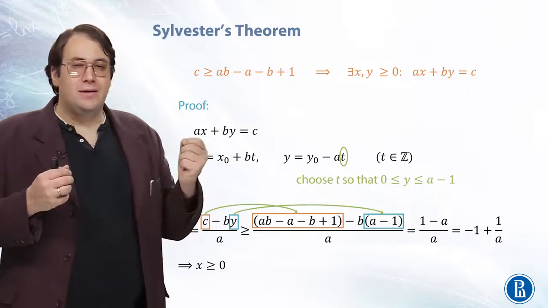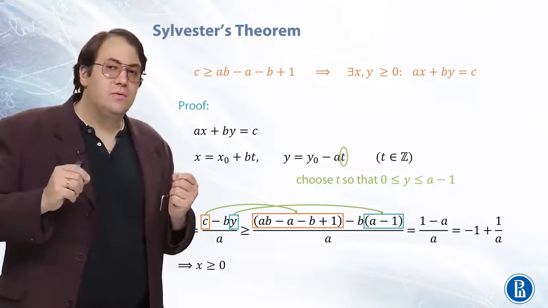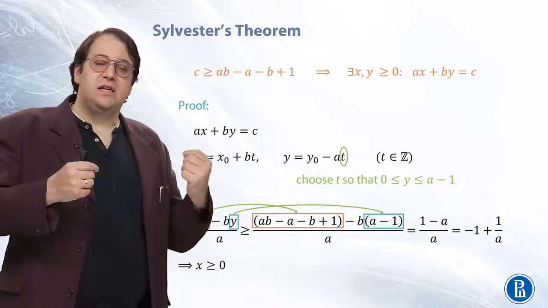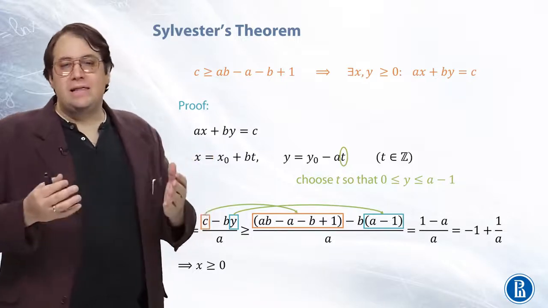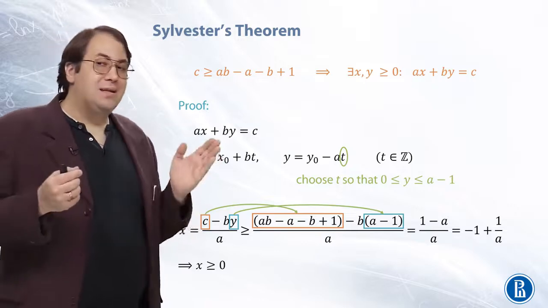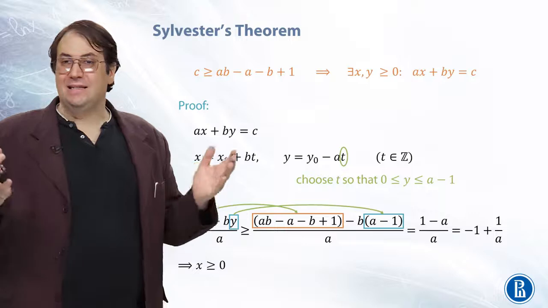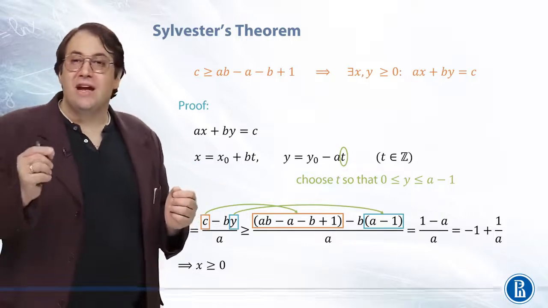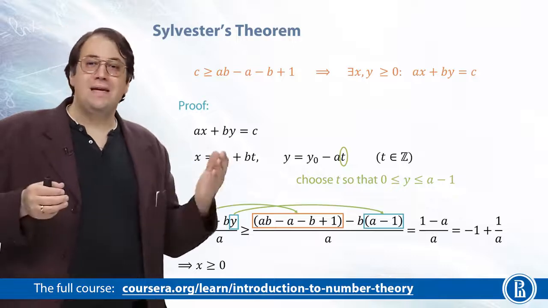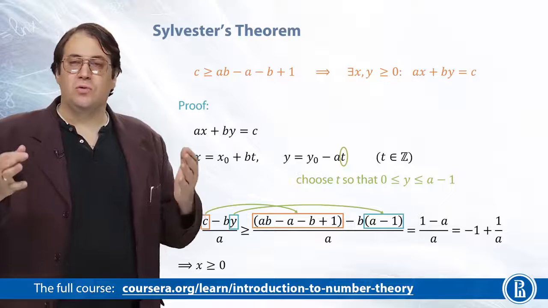And y is less than or equal to a minus 1, so we use this value for y. We simply substitute these values instead of c and y, and we obtain that x is greater than or equal to minus 1 plus 1 over a. But since x is an integer and it's strictly greater than minus 1, then it is non-negative. So y is non-negative and x is also non-negative, which finishes the proof of Sylvester's theorem.